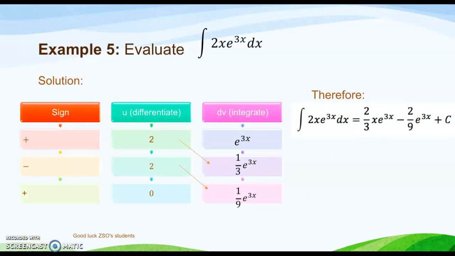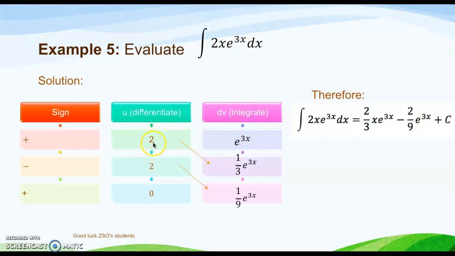Okay. So look at this example. Evaluate the integral of 2x e to the power of 3x dx. The signs are positive, negative, positive; you need to begin with the positive sign. So u is equal to 2x. Here we don't have any extra x; it's 2x, and e to the power of 3x is here.